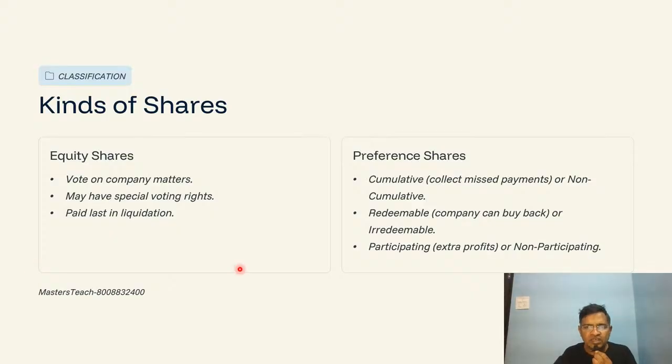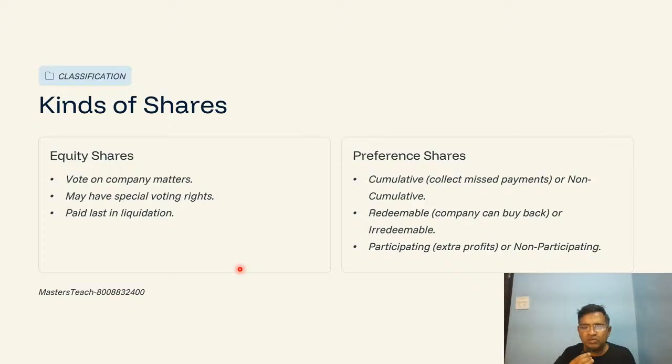Then preference shares. Preference shares are of types like cumulative, non-cumulative, redeemable or irredeemable, participating and non-participating. Cumulative means, for example, every year they are going to give some bonus to the shareholders.